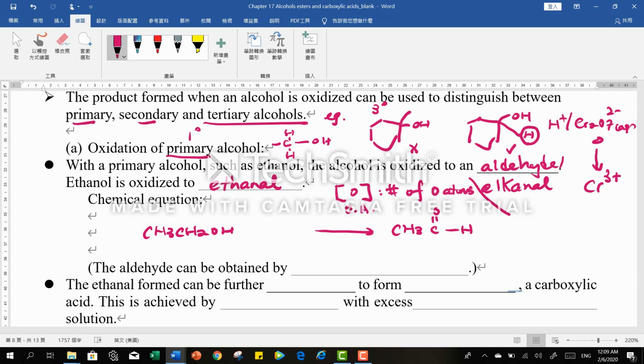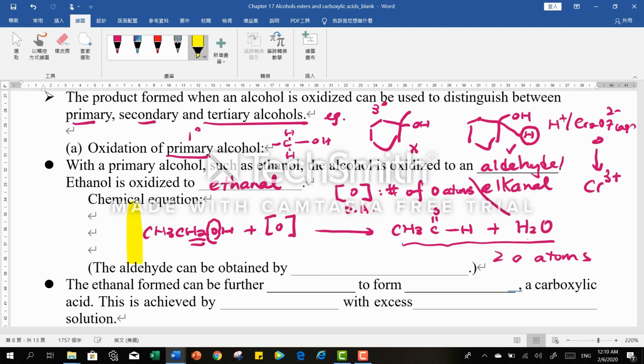You will see 2H here, and the 2H is gone, so you can guess it goes to water. But if you put water here, you have 2 oxygen atoms on the right-hand side, and you only have 1 here. So you add one [O]. That is the balanced chemical equation already. Wow, very beautiful.